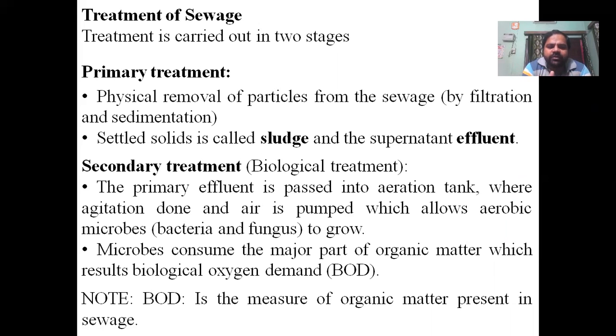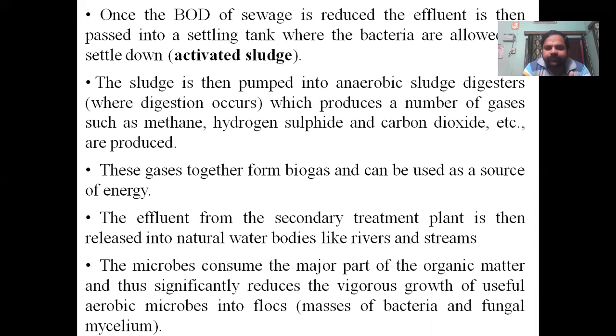These microbes consume the major part of the organic matter, which results in low biological oxygen demand, also called BOD. So what is BOD? It is a measurement of the organic matter present in the sewage.